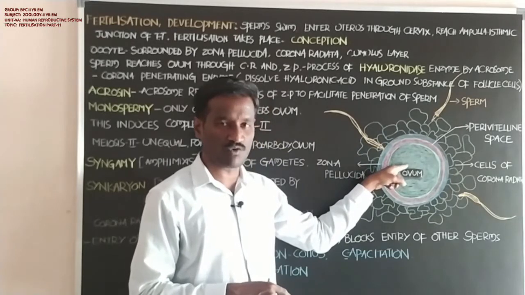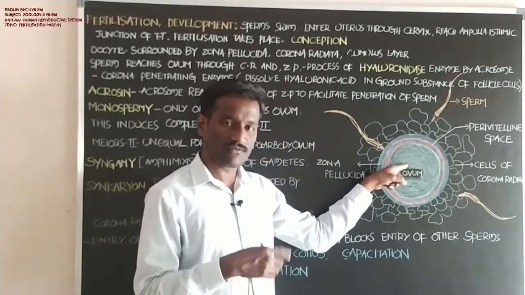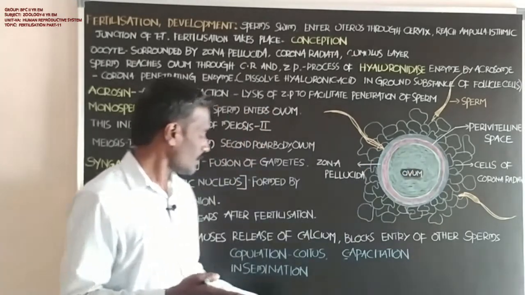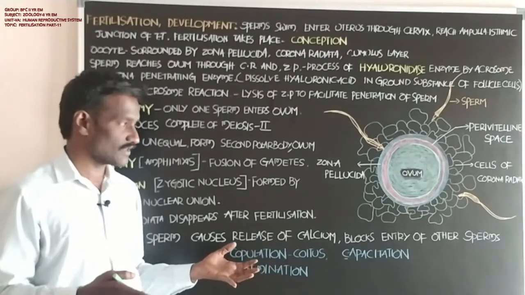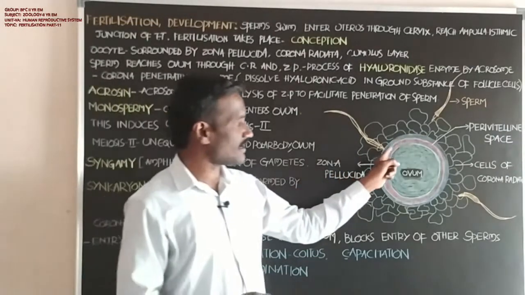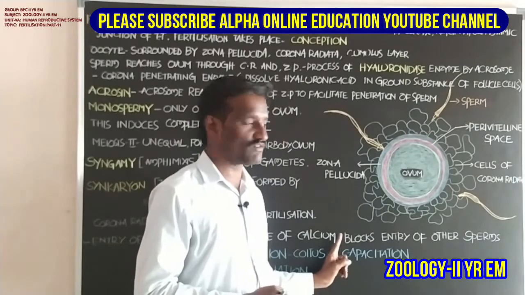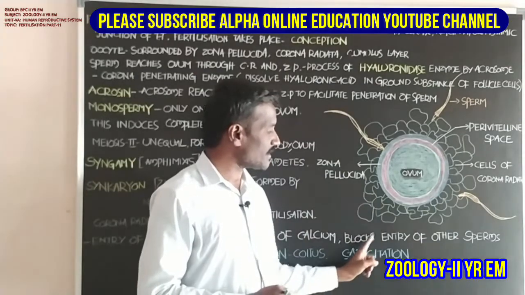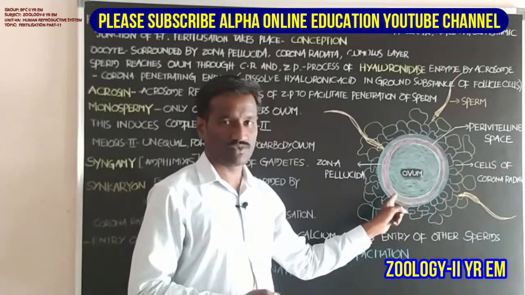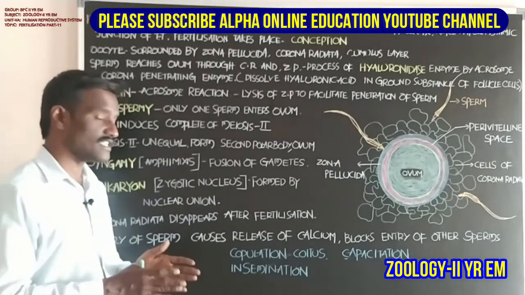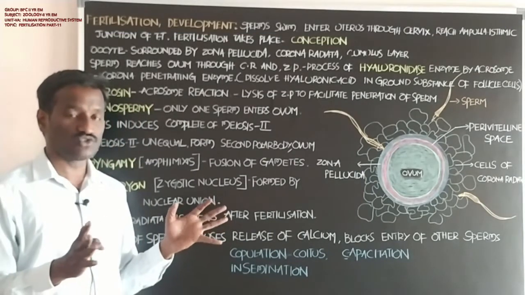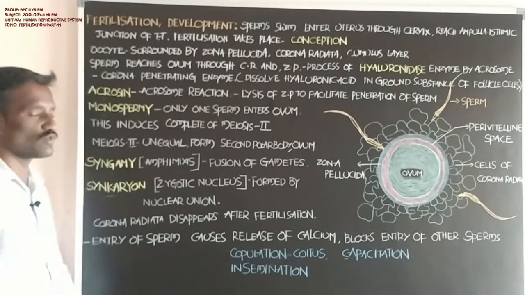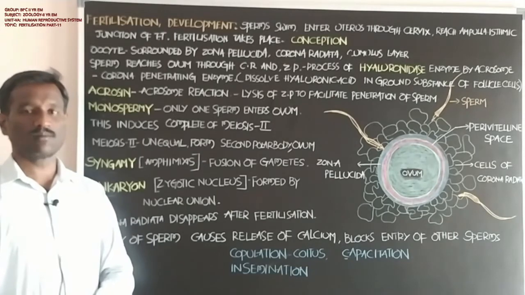After fertilization, calcium is released, and this substance inhibits the entry of other sperms. Okay students, this is also called the zonal reaction. This is about fertilization between sperm and ovum.